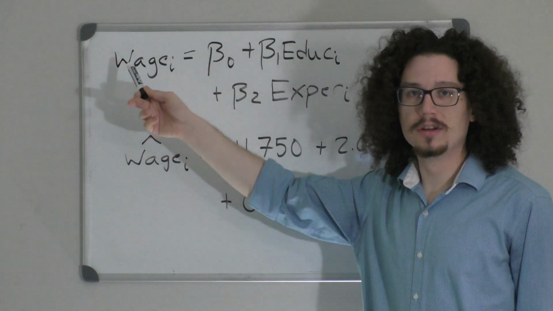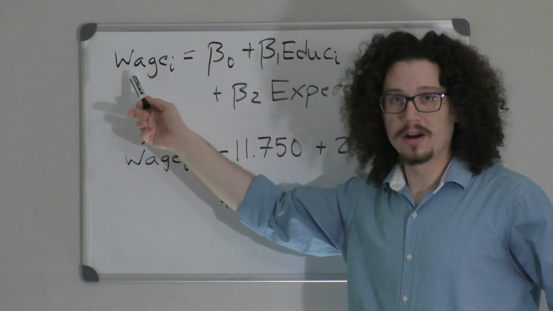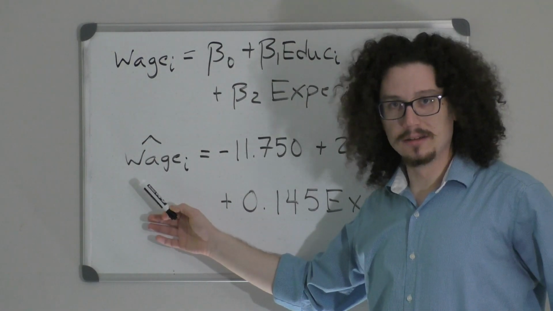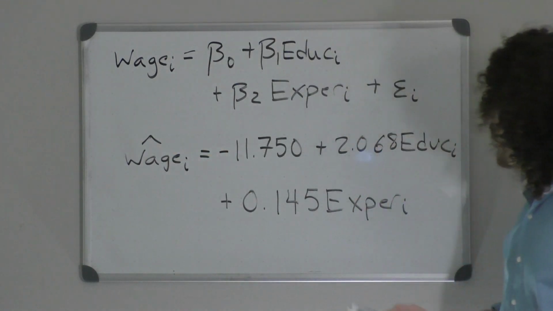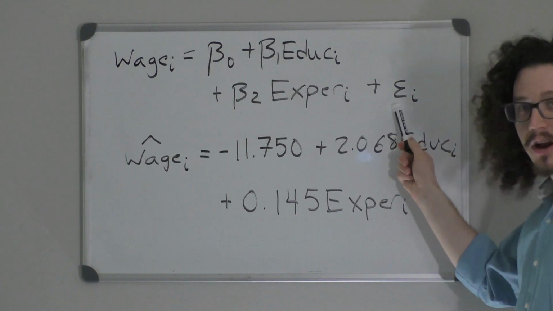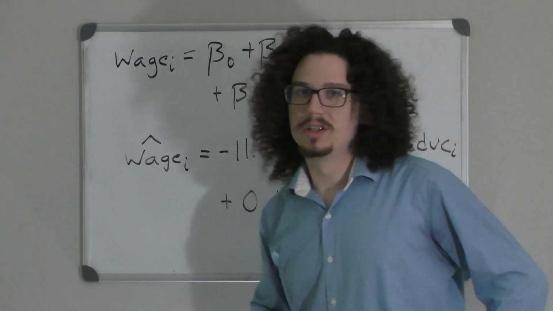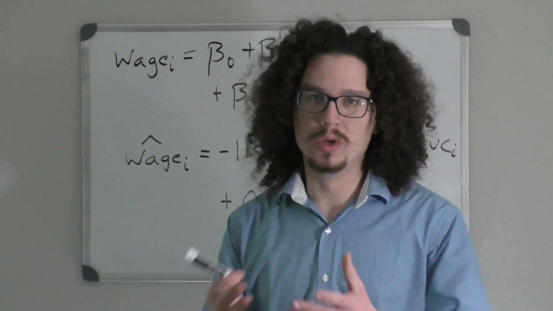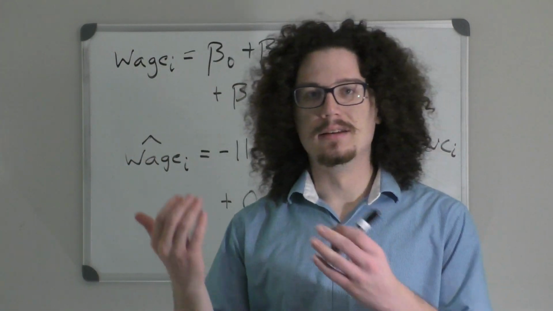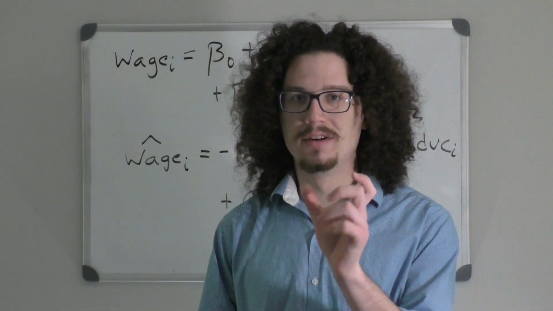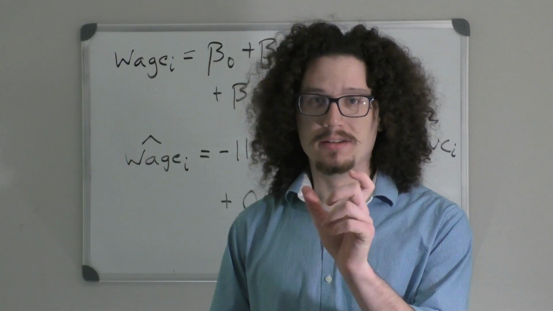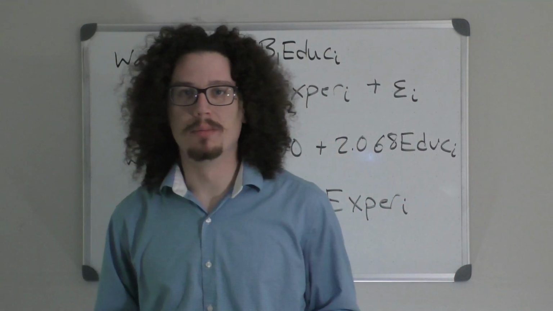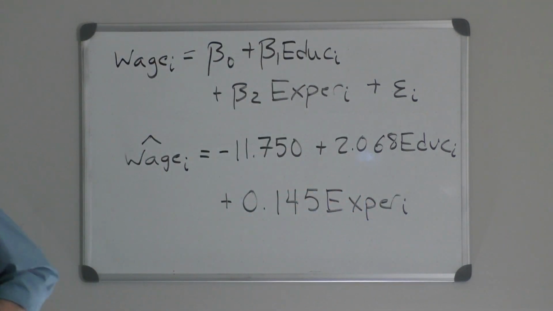In the model, this is the actual observed value for our dependent variable. In the estimated equation, we have the predicted value, right? So there is a big difference. In the model, we have our error term. In the estimated regression equation, we don't have an error term, right? And then finally, in the model, we just have betas. In the estimated regression equation, we actually have estimated values for those betas, b0, b1, right? We have actual numbers and not just symbols.